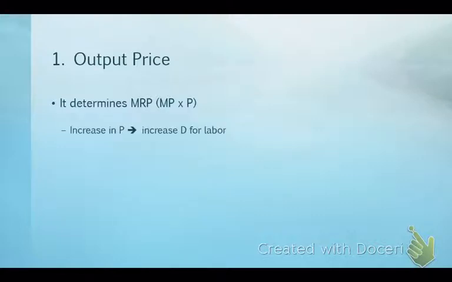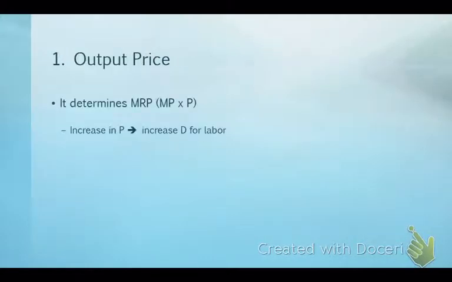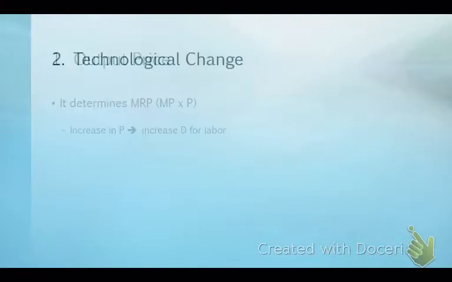So we have an increase in price, and we have an increase in the demand for labor. Increase in price increases MRP, so that would shift the demand curve for labor out. Any questions there? All right. Do we have it? Moving on.